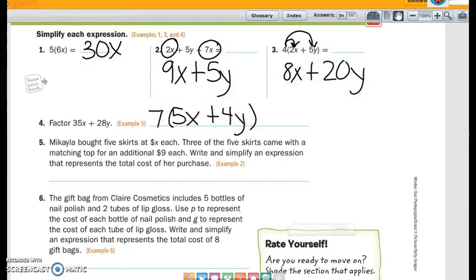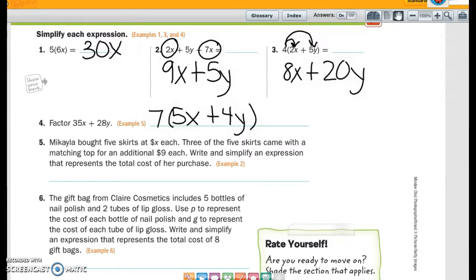Okay, on this one, Michaela bought 5 skirts at X dollars each, so X is going to be our variable. 3 of the 5 skirts came with a matching top for an additional $9 each. We're going to write and simplify an expression that represents the total cost of her purchase.